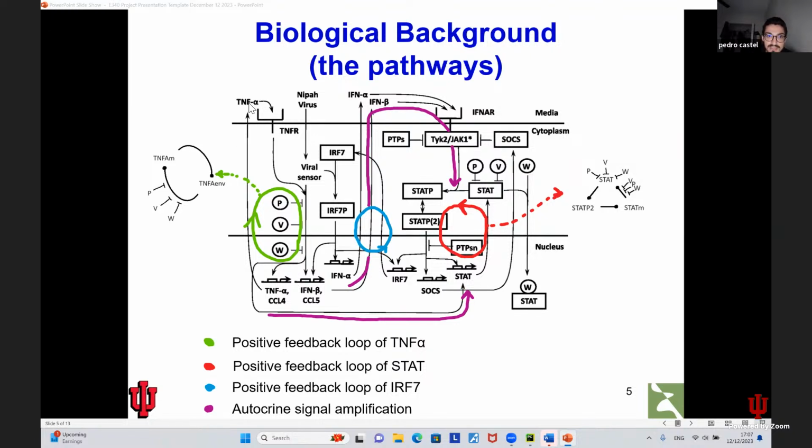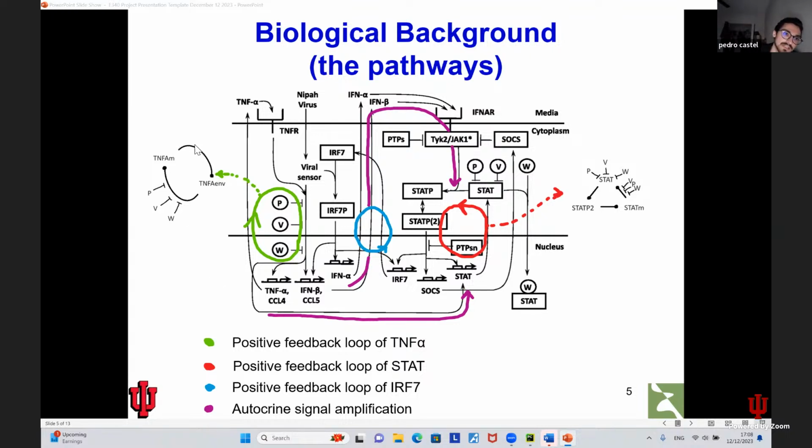TNF alpha has a positive feedback loop. So you release TNF alpha, you sense TNF alpha, it regulates the production of more TNF alpha, and so on and so forth. P, V, and W proteins act on this circuit to suppress the production of new TNF.